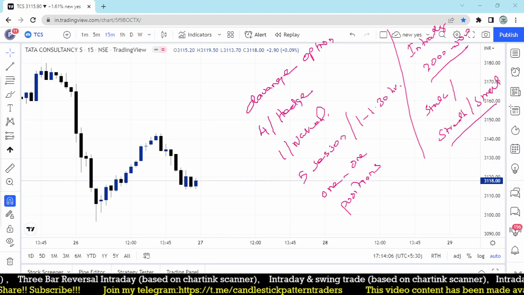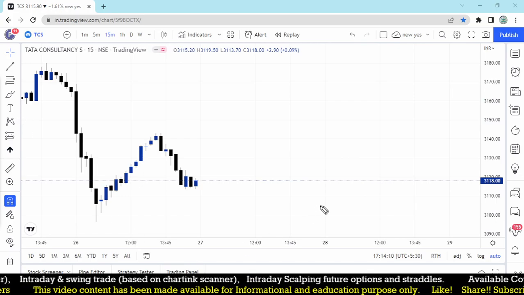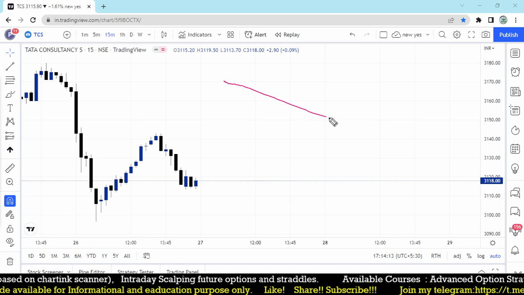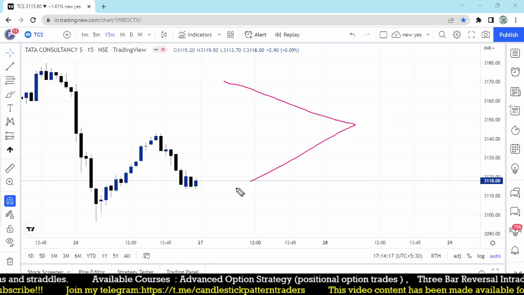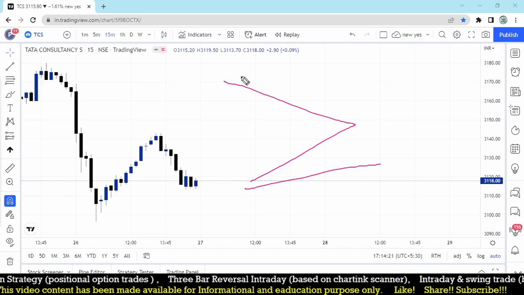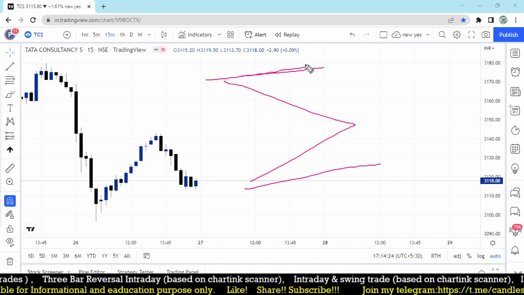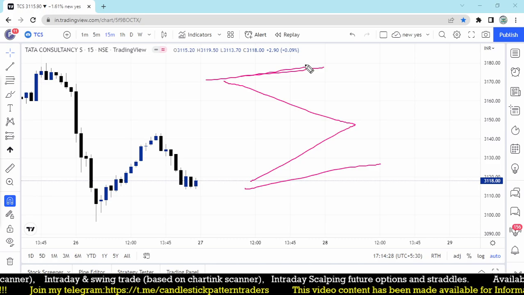Okay, let's come to the subject now. Here I'm going to find a stock which forms like this. If any stock forms this pattern, there is a chance of breakout and breakdown. Do you think this kind of pattern forming in a stock is possible?